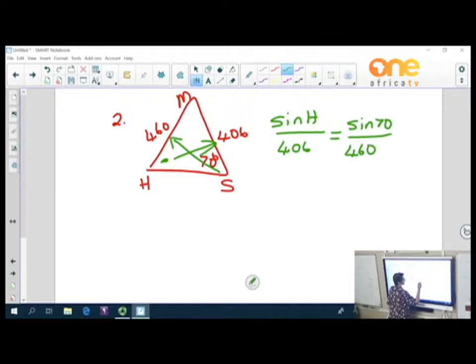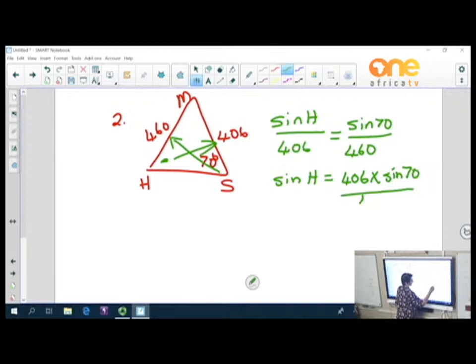So sine H is equal to 406 times sine 70 divided by 460. Second function sine, and we can calculate H there, 56.0 degrees. Right, grade 11s, that is then the sine rule.